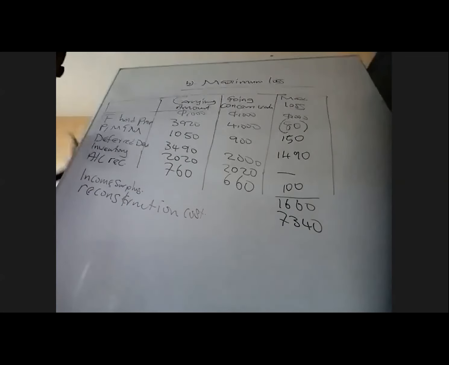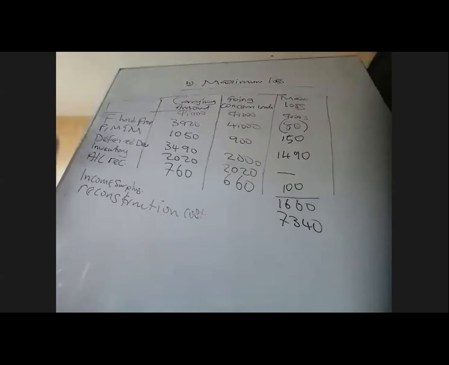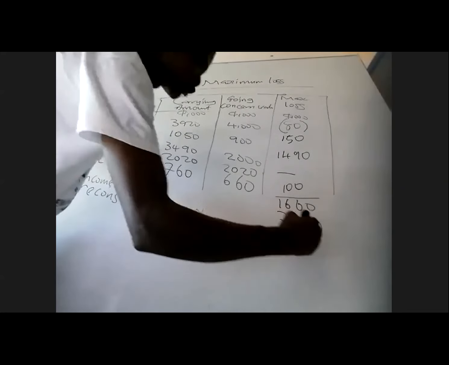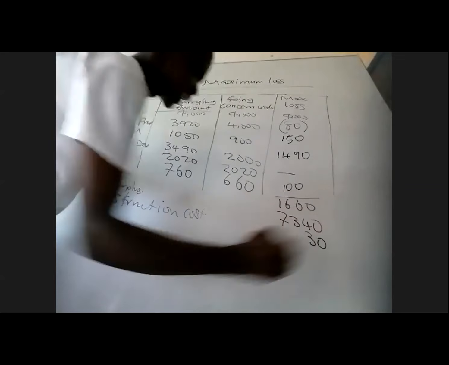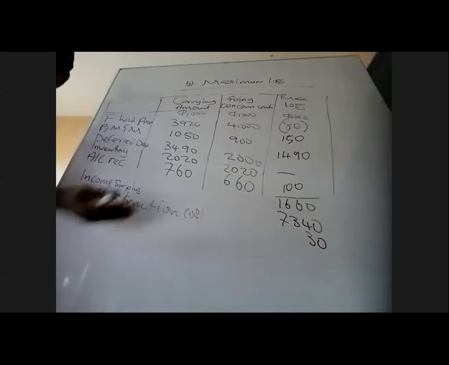I'm going to pick reconstruction cost. Note 7, reorganization cost of the company is estimated to be 30,000. So you have to bring just 30. Put 30 here. It's a cost. What do you do? Add it up. So you add cost.